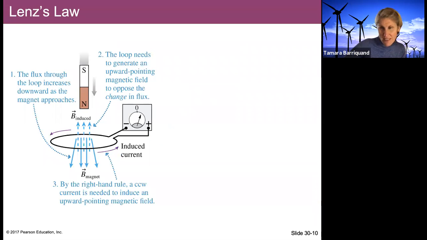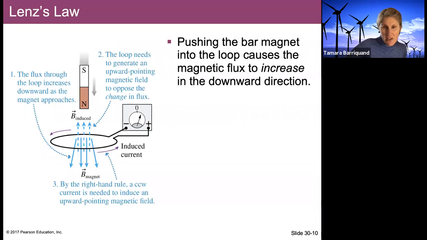So here we have Lenz's law. Pushing the bar magnet into the loop is going to cause the magnetic flux to increase in the downward direction. So here we go, we're pushing our bar magnet into the loop. The flux through the loop increases downward as the magnet approaches.